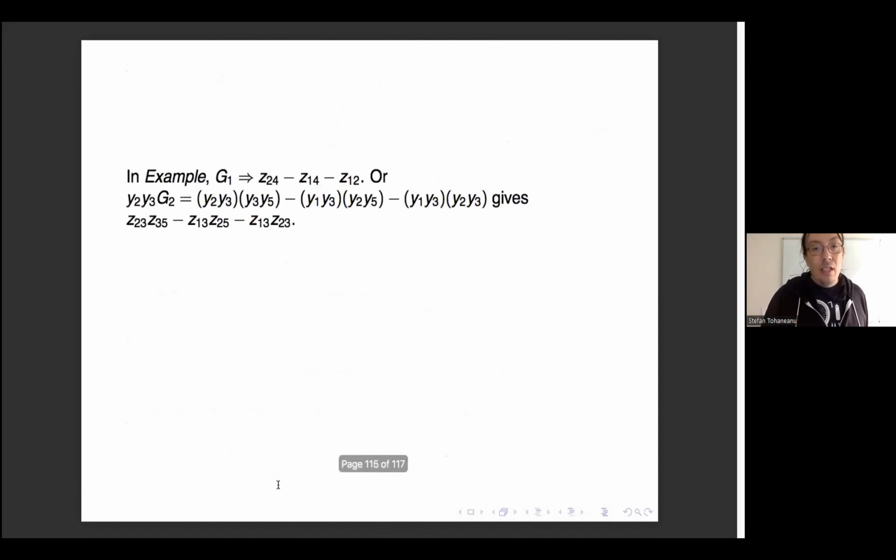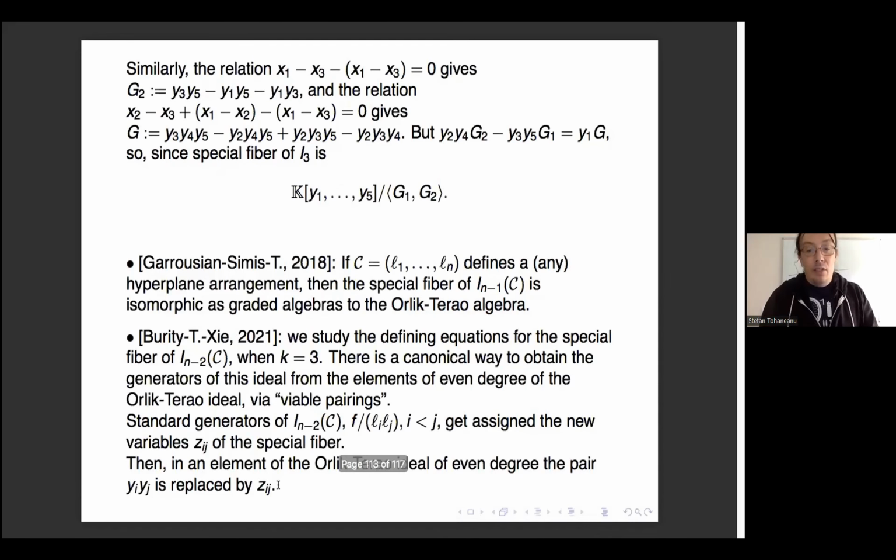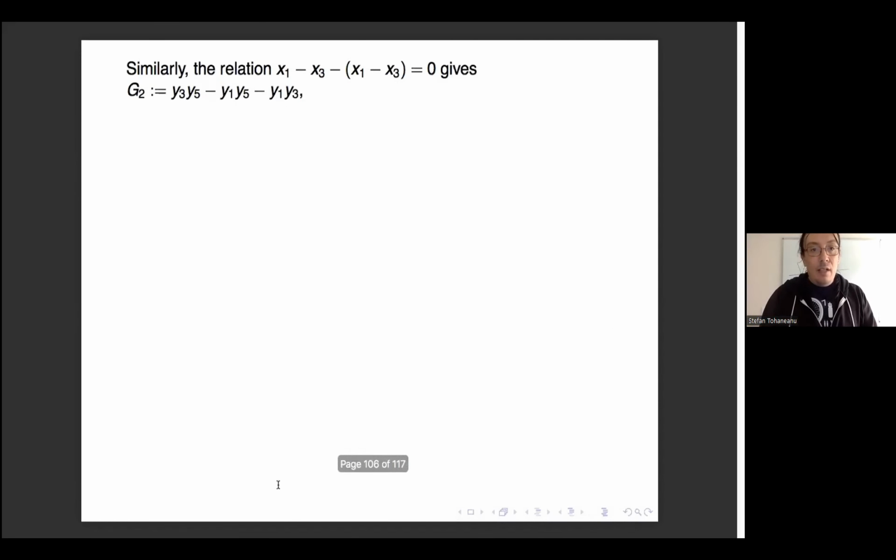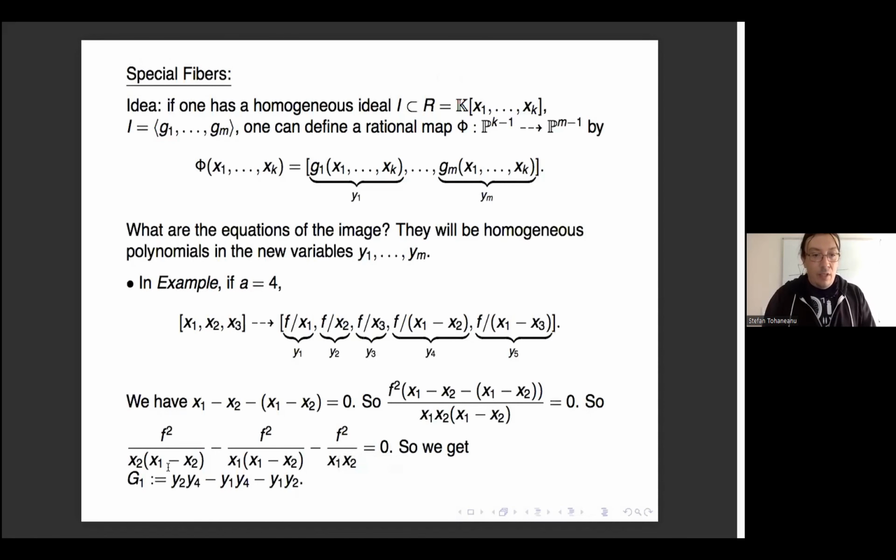So G1 is right here. This will get assigned Z24 minus Z14 minus Z12.